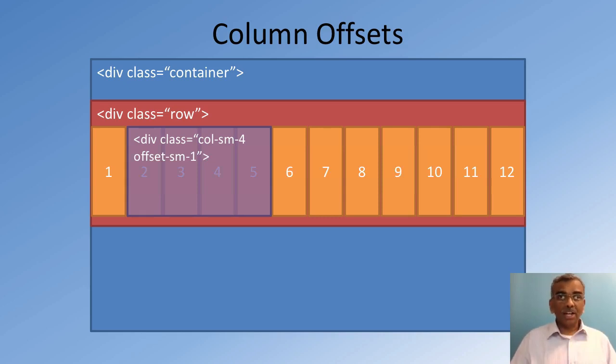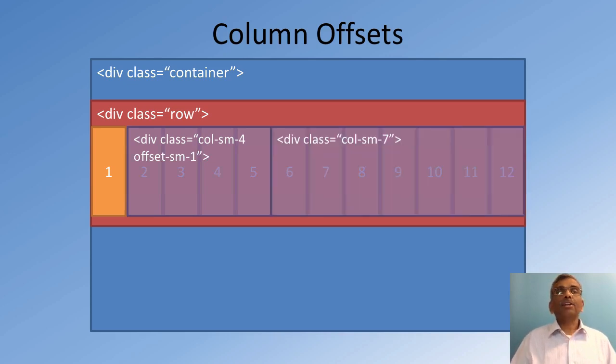So when this content is laid out, as you can see, the leftmost 1 column is left blank, and the content is shifted right by 1 column, and you can lay out the remaining content on the right side. So sum total, the two divs will occupy 11 columns, but offset by one column to the right. So that is how we can control the layout of the content using a column offset.